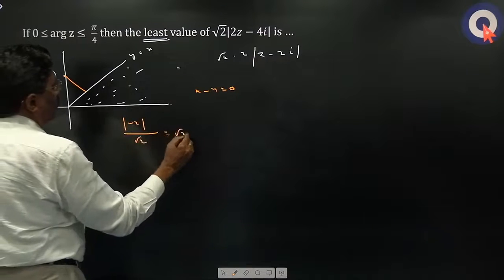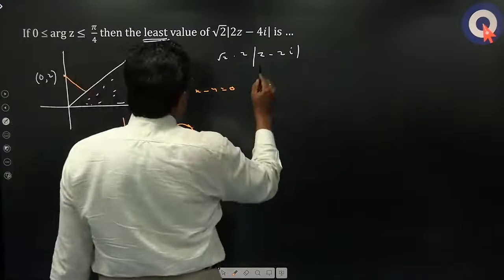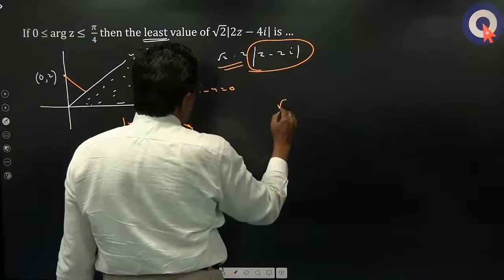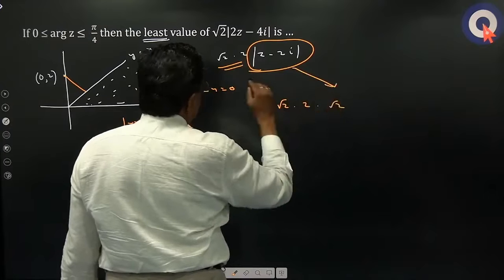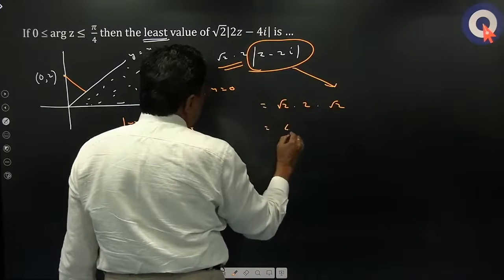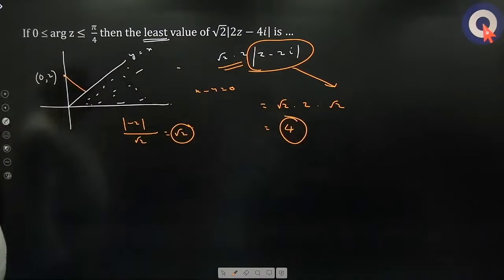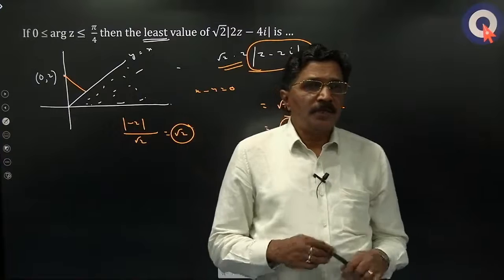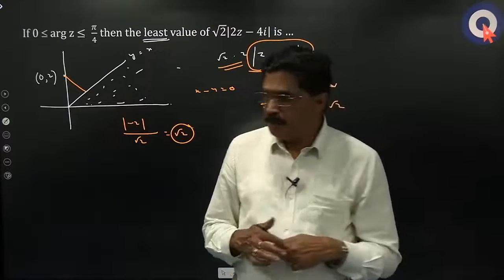So you are getting root 2 here. So therefore, the minimum value of this you are getting as root 2. So you already have root 2 into 2 into this root 2. Minimum value here is root 2. So the required minimum value is 4 basically. So the required answer is 4. So the geometric interpretation will save a lot of time and we can do it quite quickly.